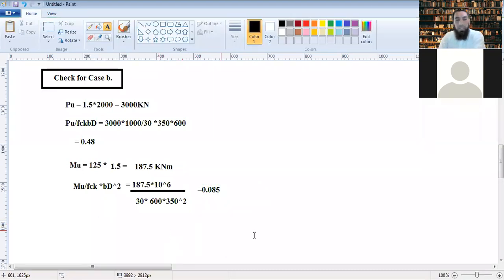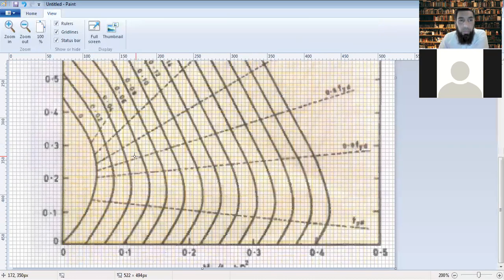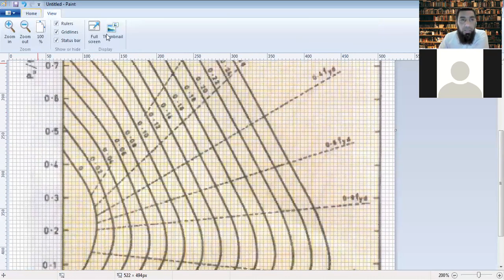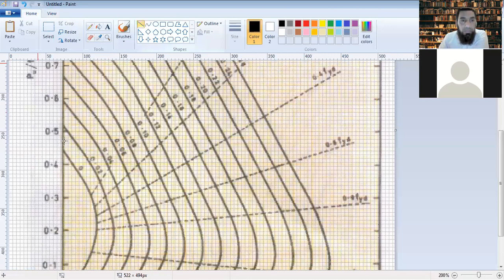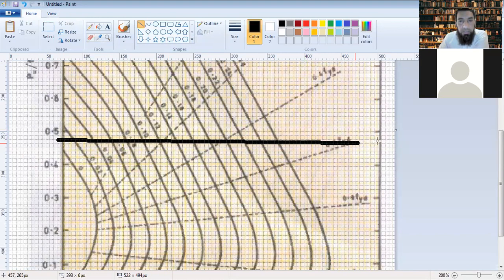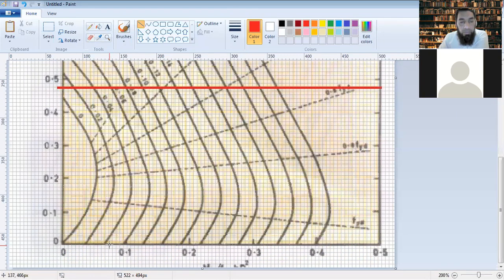Now if you check on the chart, Pu by fck bd is 0.48 and Mu by fck bd square is 0.085. 0.48 is somewhere here. This is 0.5, so this is 0.48 here. To 0.085: 0.1 is here, 0.08 would be here.